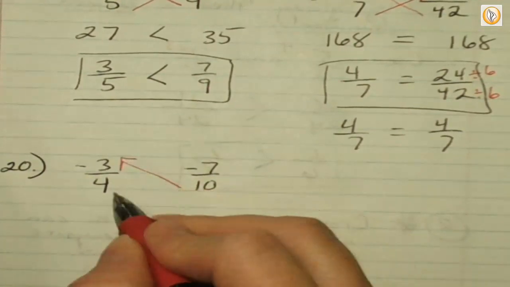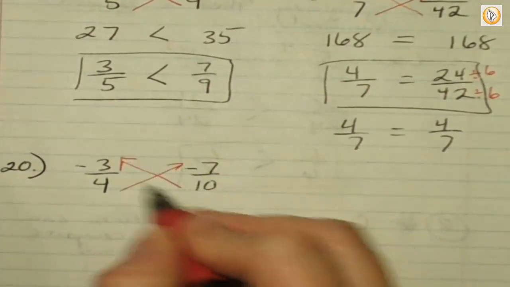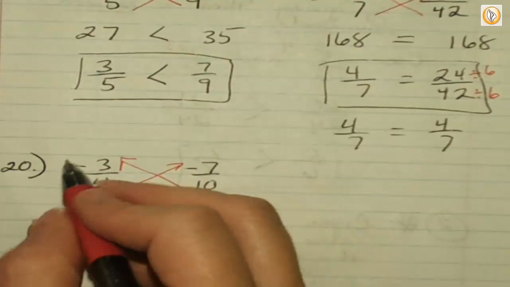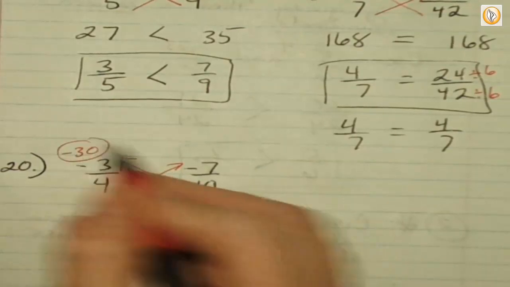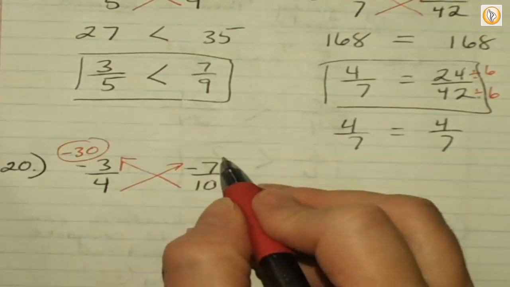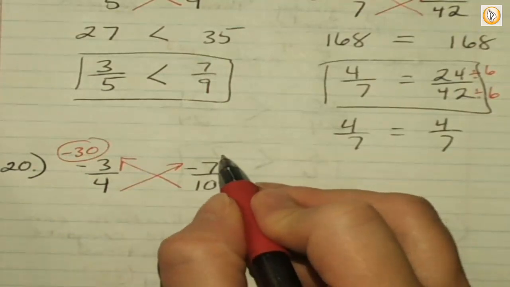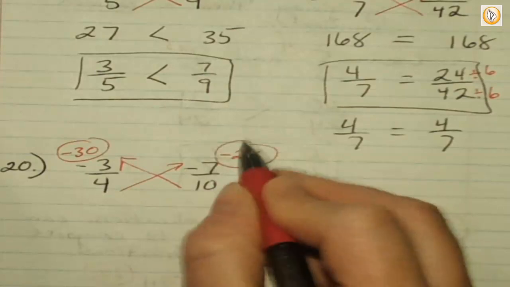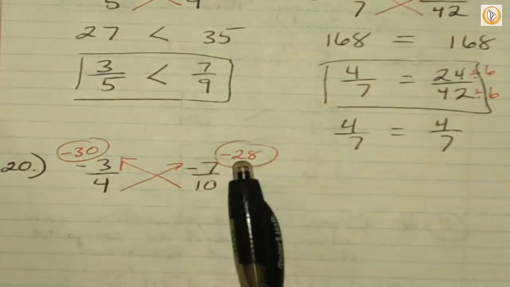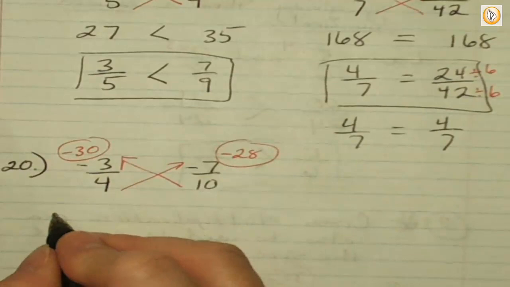And we go this way, right? So what is 10 times negative 3, Izzy? And what's 4 times negative 7, Emily? Negative 28. Okay, so you have to make sure you keep the negatives there, because watch what happens.